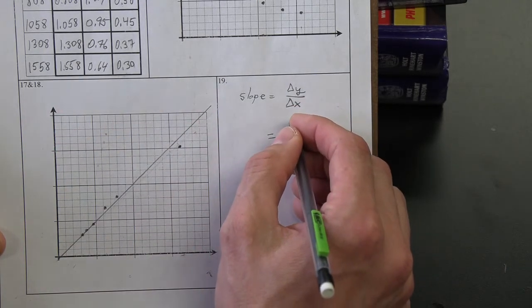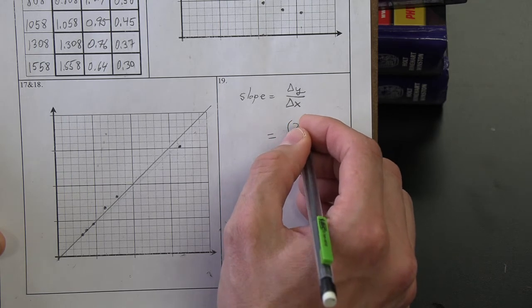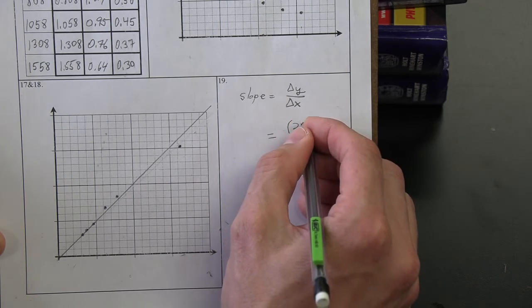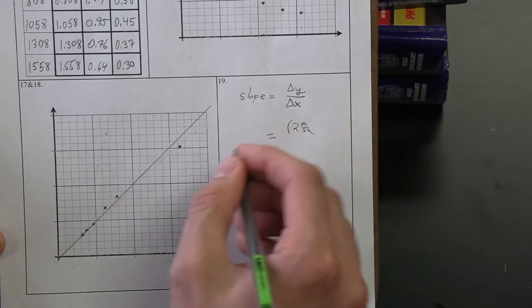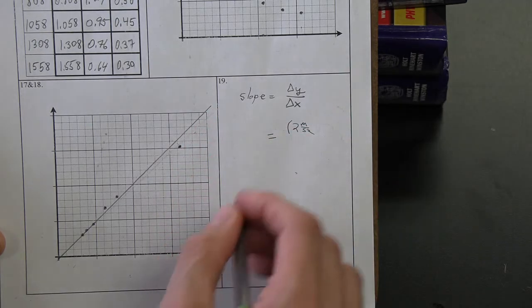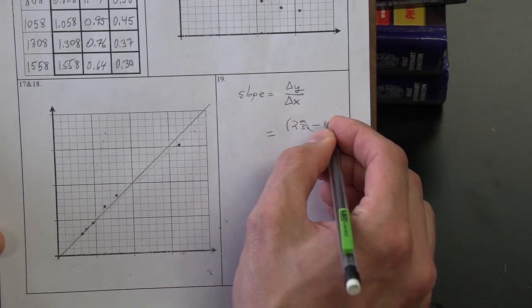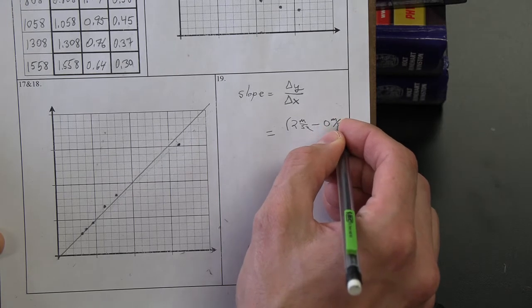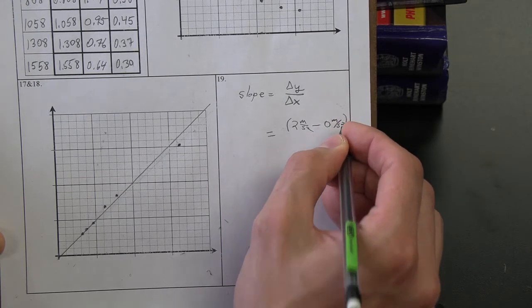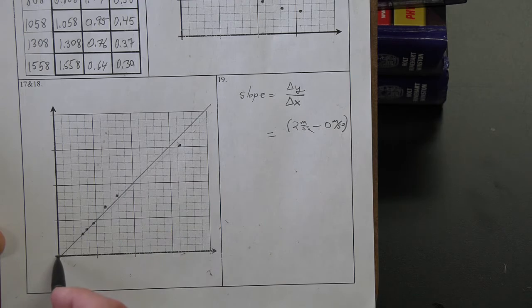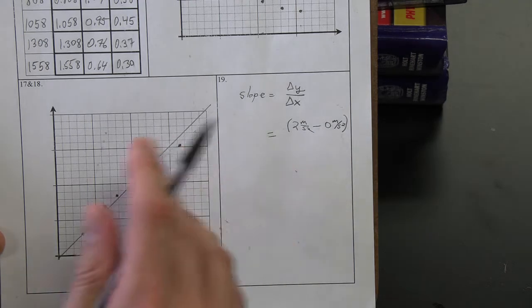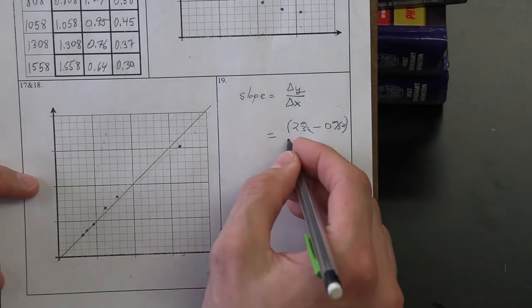Well, I'm kind of giving you the answer now, I guess. 2 meters per second squared was the height of this, minus 0 meters per second squared. Okay, so that's this value and that value, subtracted.